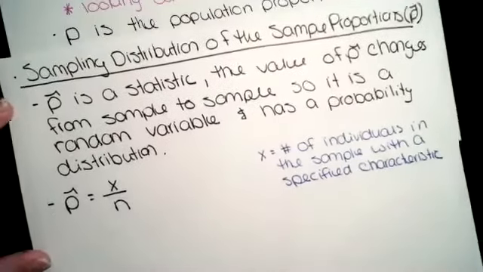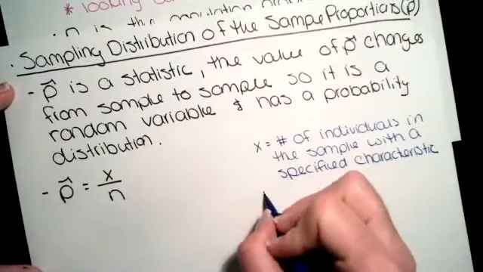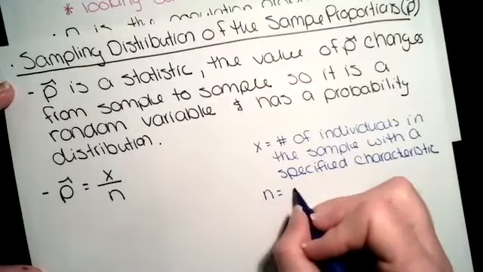That's what X stands for. So that's the number of individuals who answered yes, that they do have the blue eyes. And then N is the denominator, and N is just my sample size.